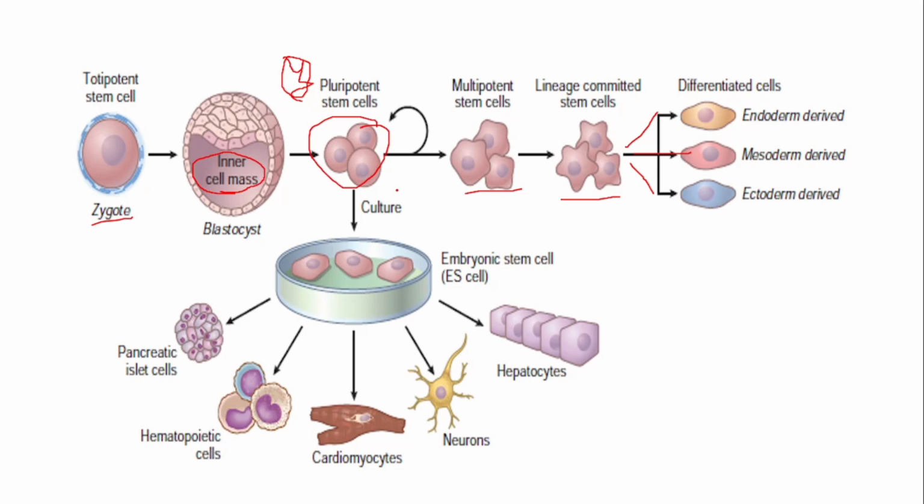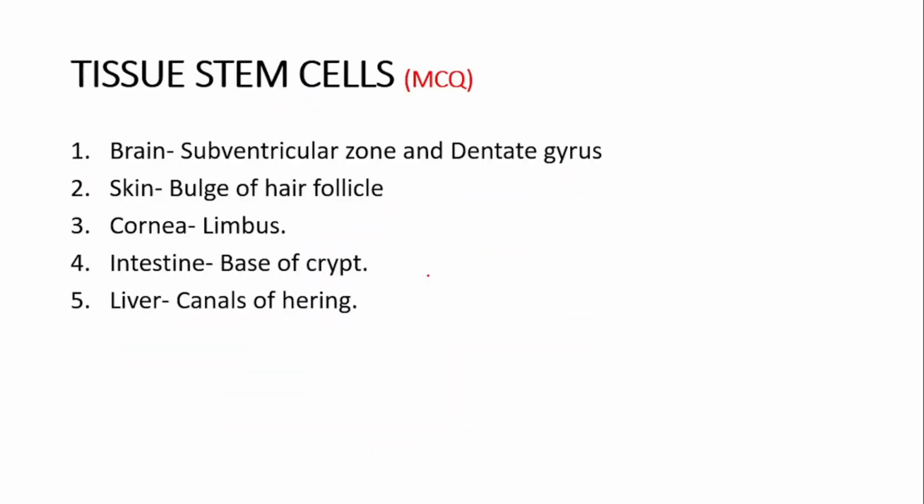Whereas adult stem cells have the capability of asymmetric division also, which means one of the daughter cells will differentiate into the lineage committed cells, whereas the other retains the self renewal capacity. Okay, it renews its own cells. So these are the MCQs asked in NEET PG.